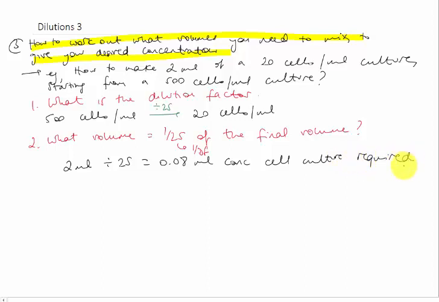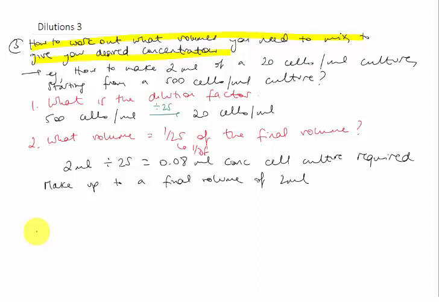And then we mix that with media, so we make up to a final volume of 2 milliliters. We can work out roughly how much that would be, but in real life you wouldn't just add that volume, you would make up and measure that it ended up at exactly 2 milliliters.